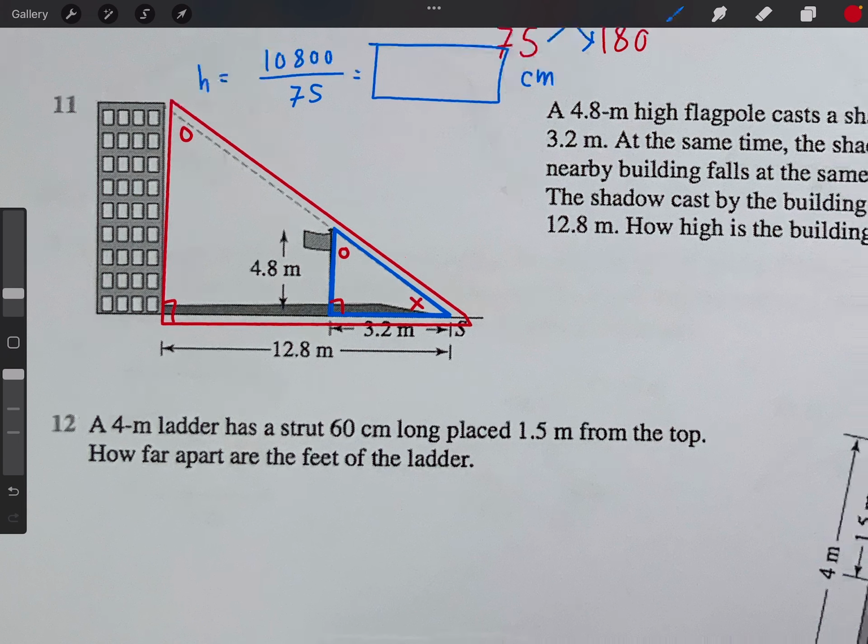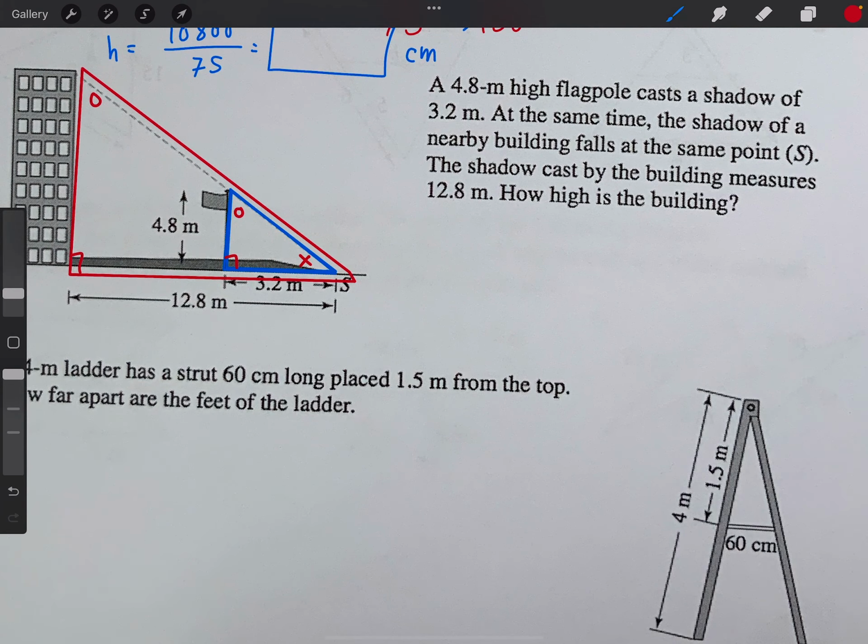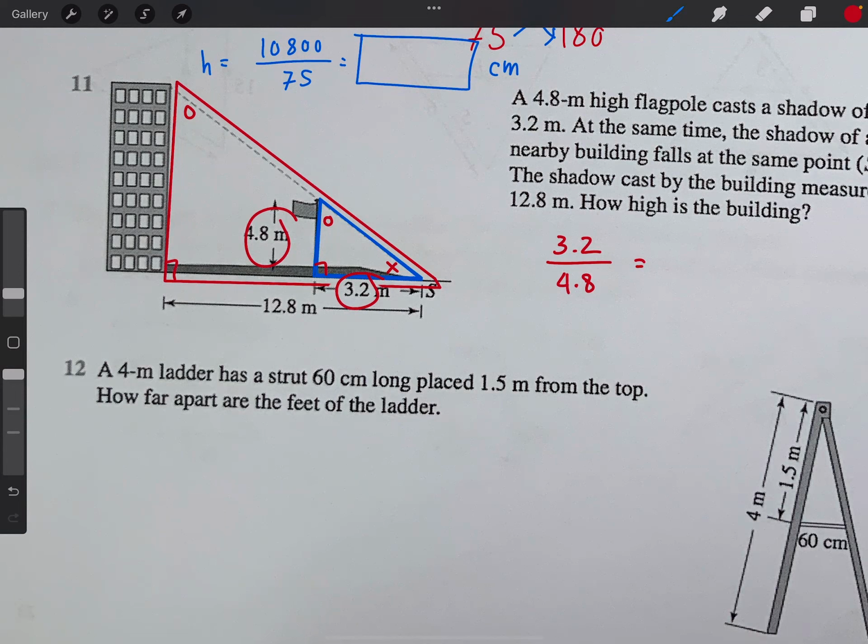Similar triangles. Now we can say this length here is 3.2, I think. Let me rub it out. Yep, 3.2. So I can say 3.2 divided by, let's take this length divided by this length, so it'll be 4.8 equals. That's for the small triangle.